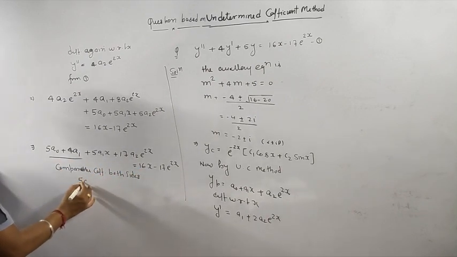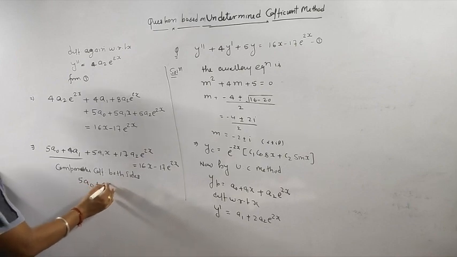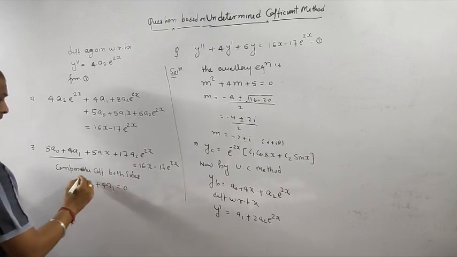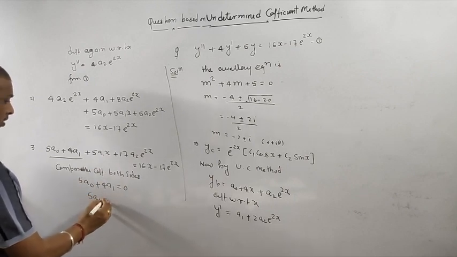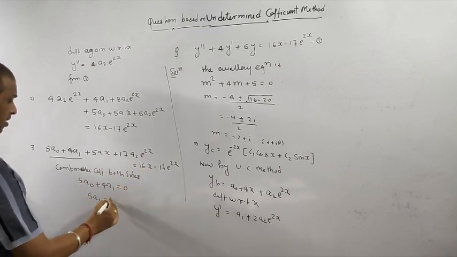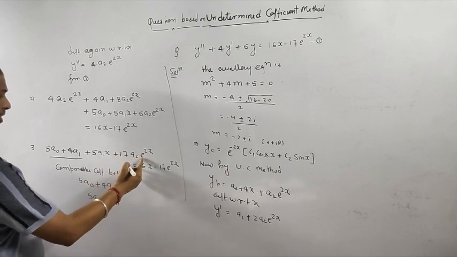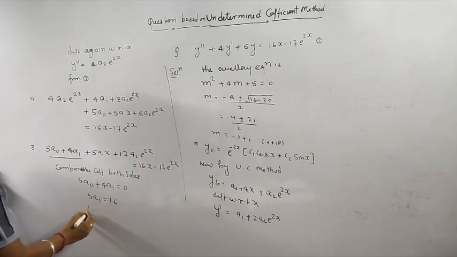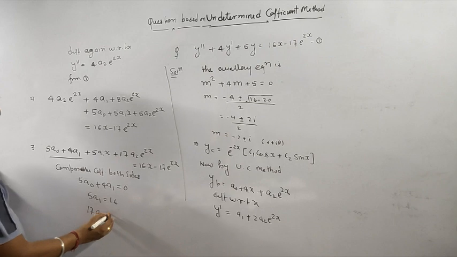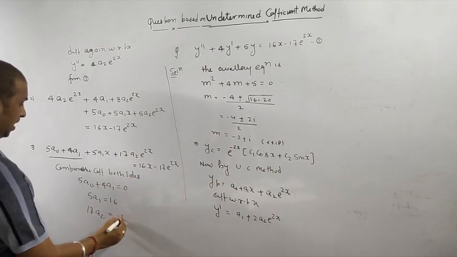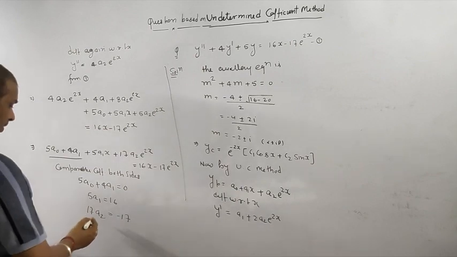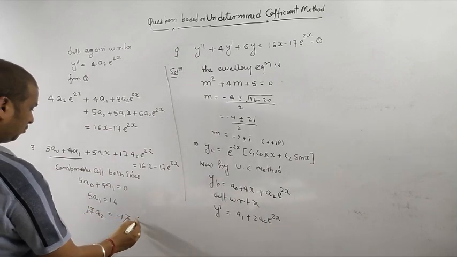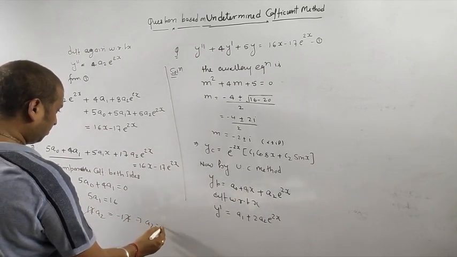It means 5a0 plus 4a1 is equal to 0. What is the x coefficient here? 5a1. What is the x coefficient there? 16. What is the e to the power 2x coefficient here? 17a2. What is there? Minus 17. So now simplify. 17 cancels, so the a2 value is minus 1.